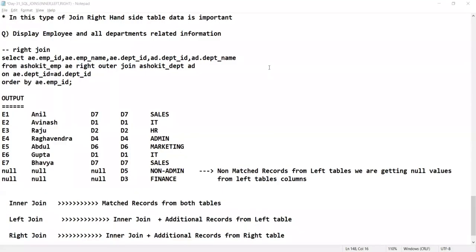Yeah. So hope you guys are clear about these three types of joins or not, guys? Please confirm it. Any doubts? Any doubts about the inner join, left join, and right join?